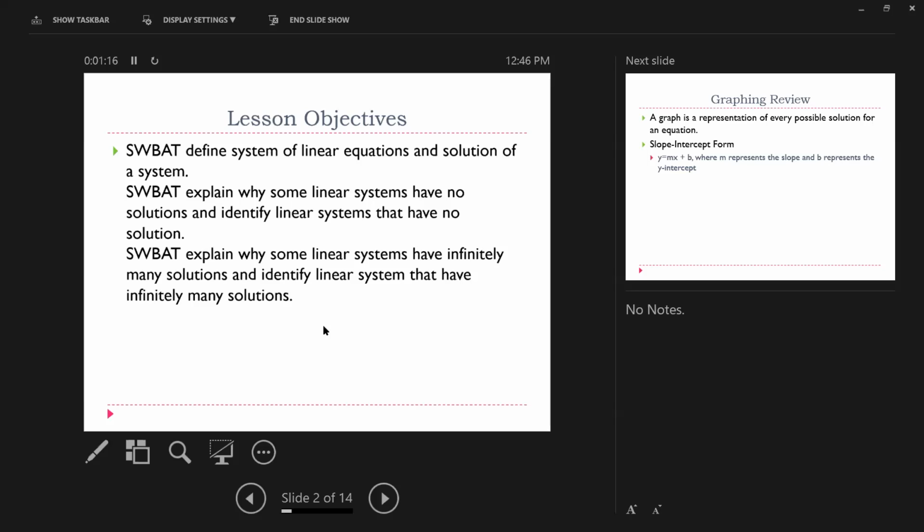So some solutions are going to be obvious. The place where two lines cross, for instance, that one point, that ordered pair, is going to satisfy both equations. So those are the three options.